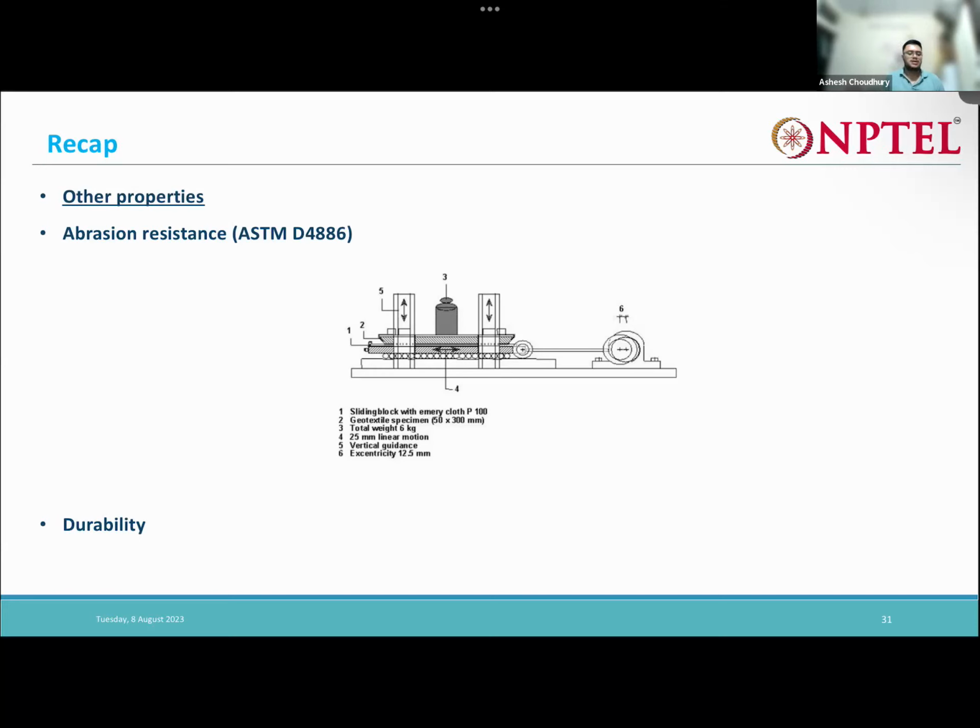To understand that, we wet the geotextile and dry it again, wet it and dry it again, and after many cycles we keep on testing the geotextile. Maybe we test a certain size for strength, and see whether the strength is getting reduced or remaining the same. That is nothing but durable.